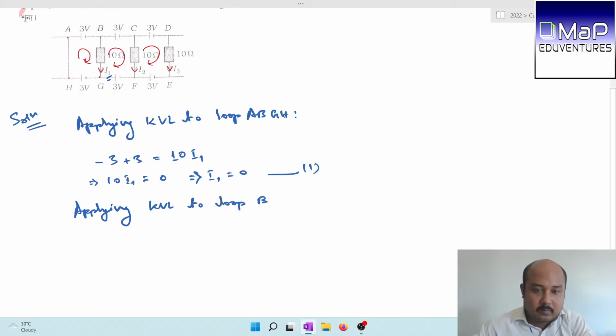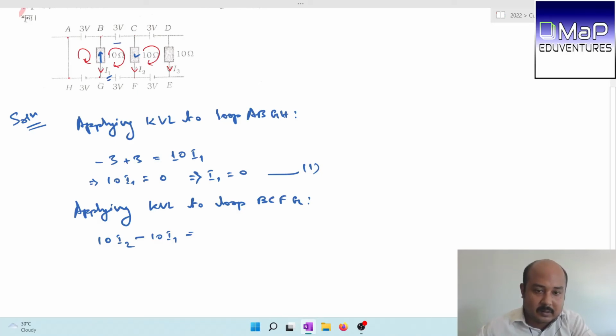Loop B C F G. What do I do? First I get this 10 ohm resistance, and the second 10 ohm resistance carries current I2, so 10 I2 plus, no, it will be minus, because we are going in the opposite direction of the current. If I take the opposite direction, then I1 equals the EMF source, which is 3 volt.